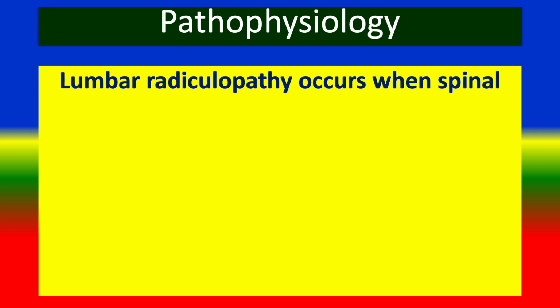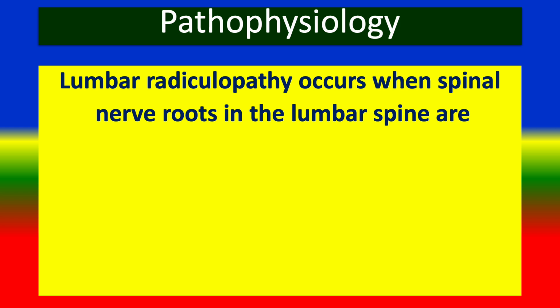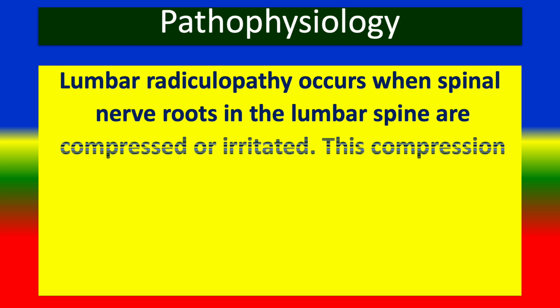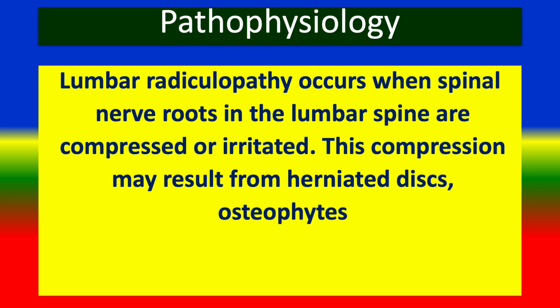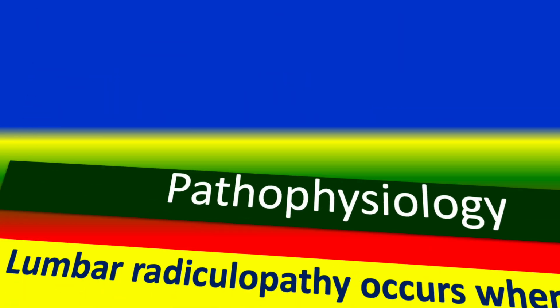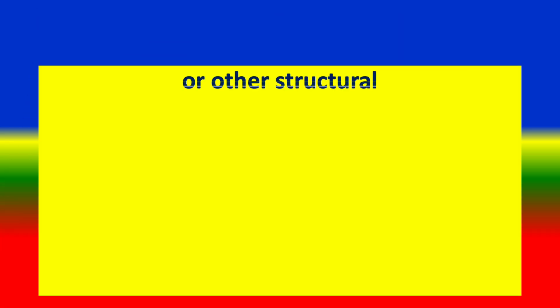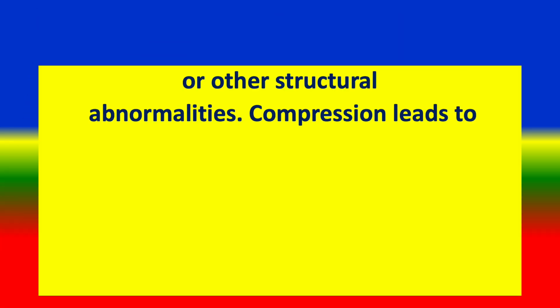Pathophysiology: lumbar radiculopathy occurs when spinal nerve roots in the lumbar spine are compressed or irritated. This compression may result from herniated disc, osteophytes, or other structural abnormalities.